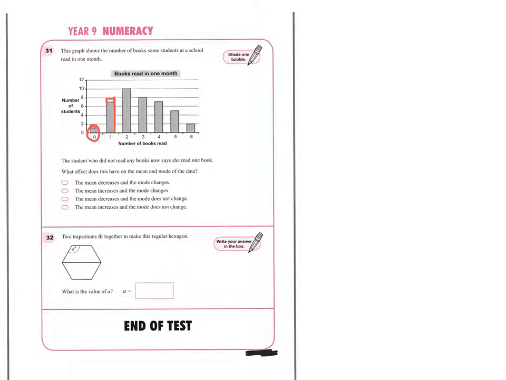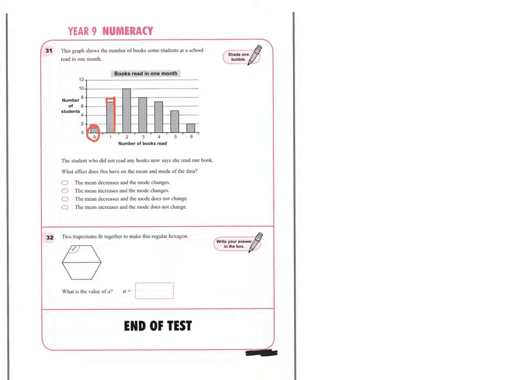So maybe the easiest one is to look at the mode. Mode is the most occurring, and see if any of these questions talks about mode. It shouldn't affect the mode because the highest one is 10, the number of books read. So 2 students read 10 books, 3 students read 8 books, and so on.